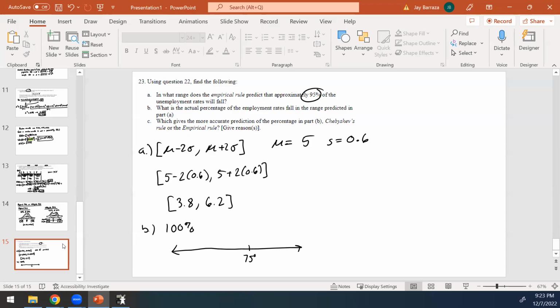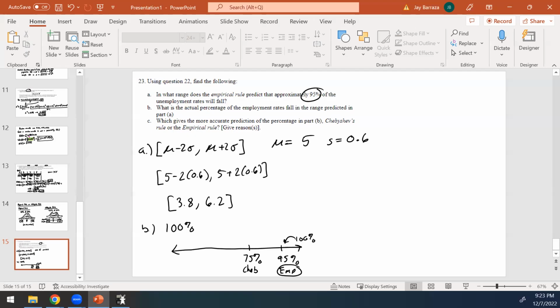Chebyshev is 75%, empirical is 95%, and I'm at 100%. 100% is closer to empirical, so empirical is the better one. If instead it was like 70%, then Chebyshev would be better because it's closer to 75%. And that's the whole idea.